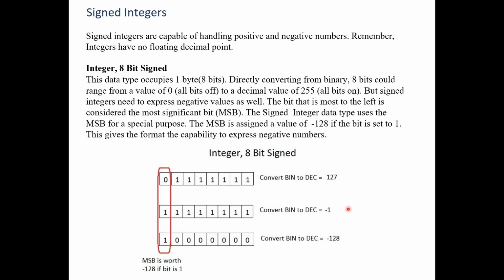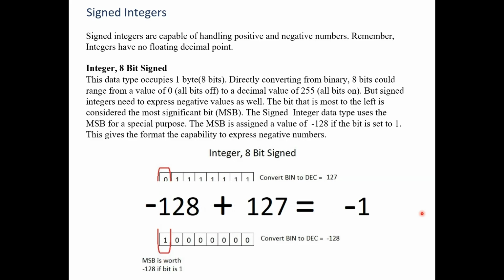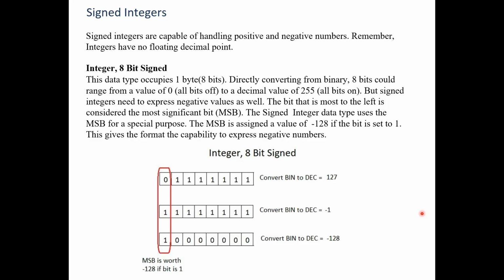The byte in the middle of the diagram has all 8 bits set to 1. We know the MSB has a special purpose and is worth minus 128. So add the first 7 bits worth 127 to minus 128, and the result is minus 1.